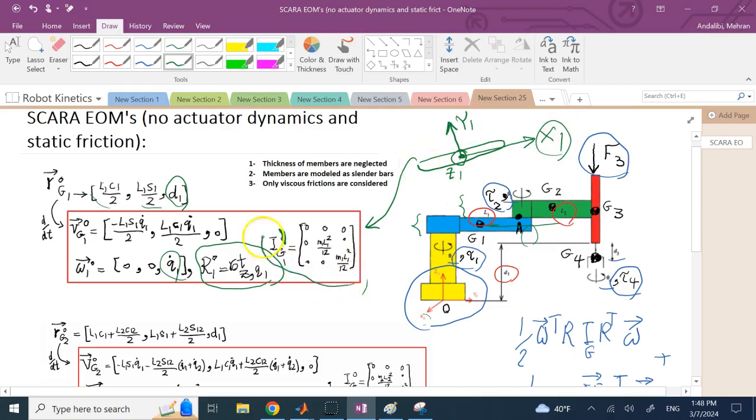That's what you see here. When I pre and post multiply by R of 1, 0, that whole thing becomes I of G1 in frame 0. This one is I of G1 in frame 1, okay? These are the information we need in terms of omega, r, I, and v for member 1.